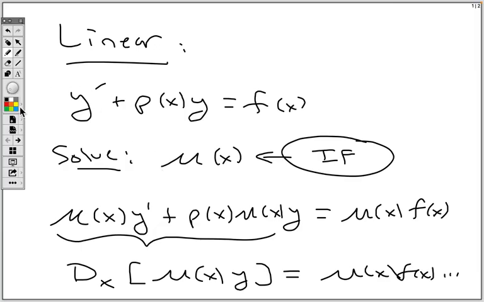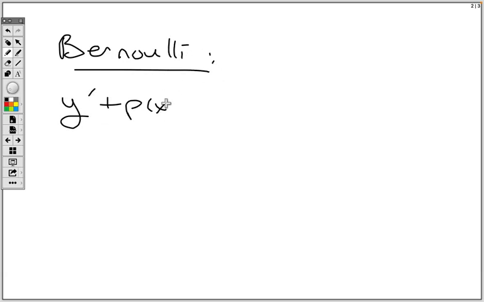All right. So yesterday we talked about Bernoulli. Bernoulli looks like, it starts off being, oh yeah, that's linear. Except on this side, instead of just having an f of x, you've got y to some power r.